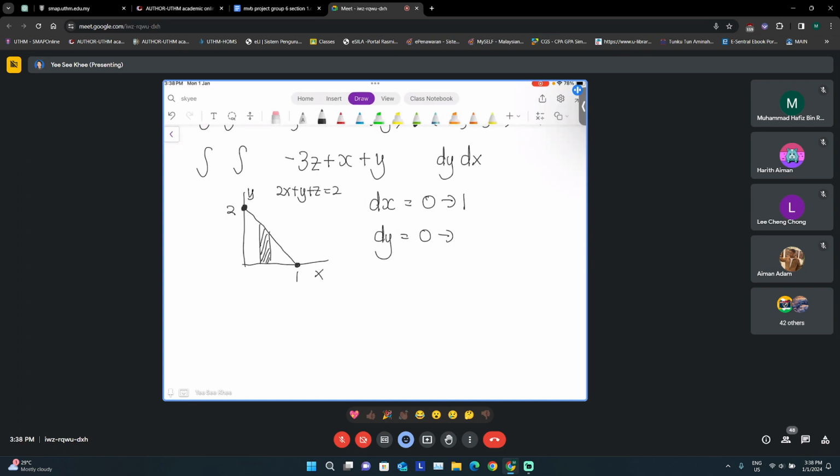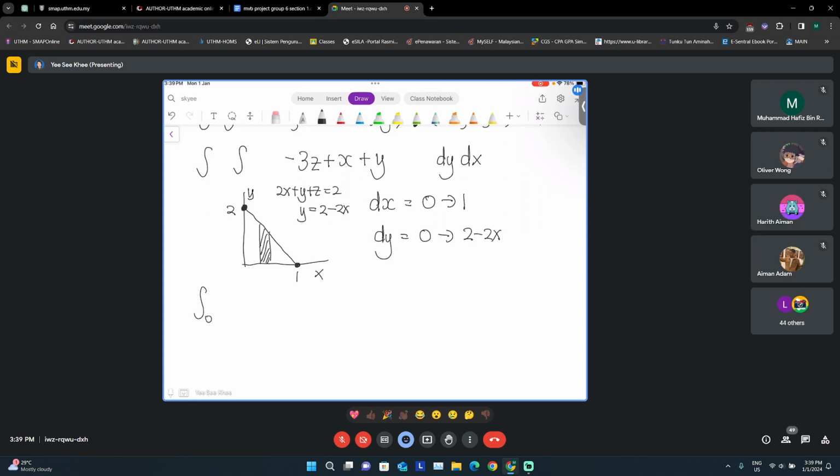So when z is 0, for the xy projection, your y is equal to 2 minus 2x.